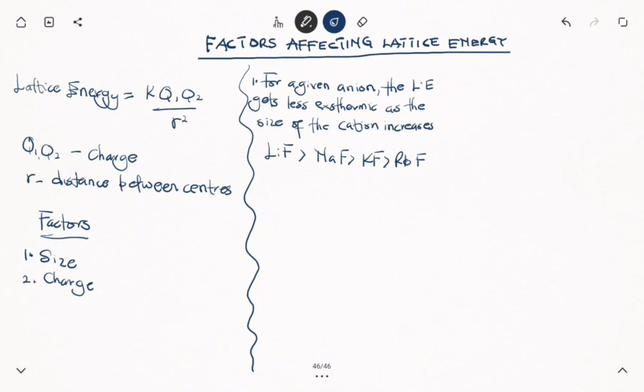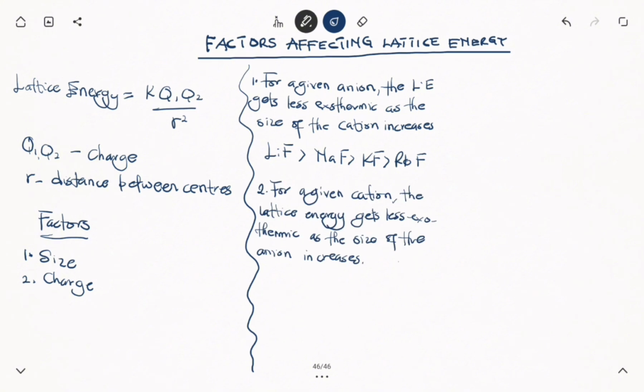Okay, all right, now what about the anion? For a given cation, the lattice energy gets less exothermic as the size of the anion increases. So just like the cations, the same thing applies to the anions. As the size of the anion is increasing, you expect that the lattice energy should also be decreasing. Is that okay?